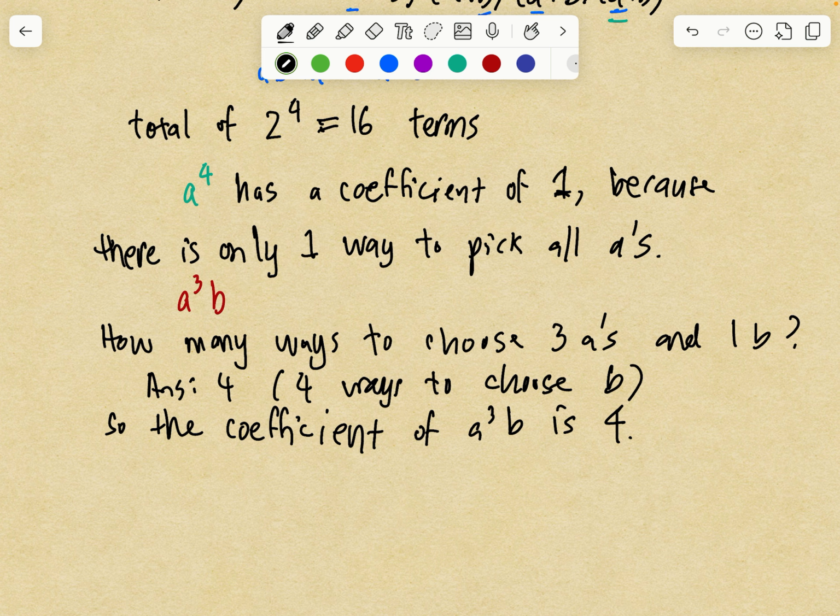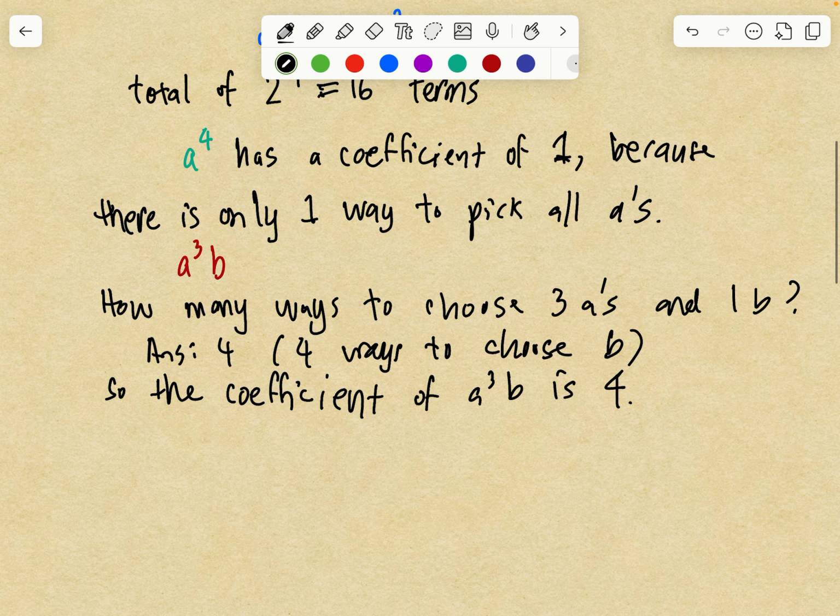Okay, so what about the other possibilities? The other possible terms? You could have a squared b squared. And so what's the coefficient of a squared b squared going to be? It's the number of ways to pick 2 a's and 2 b's, right? And that's the same as the number of ways to pick exactly 2 a's.